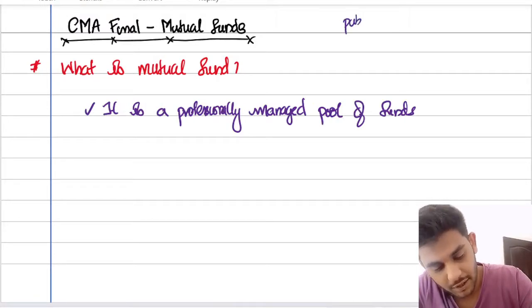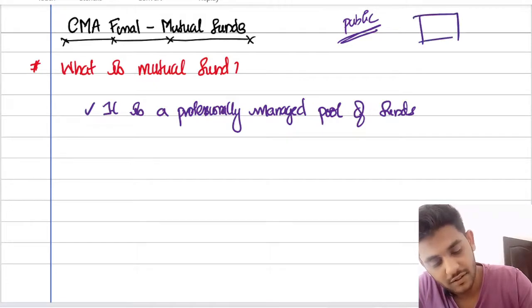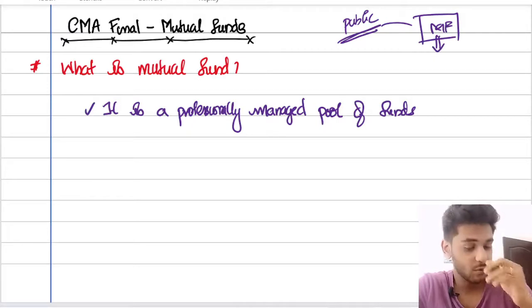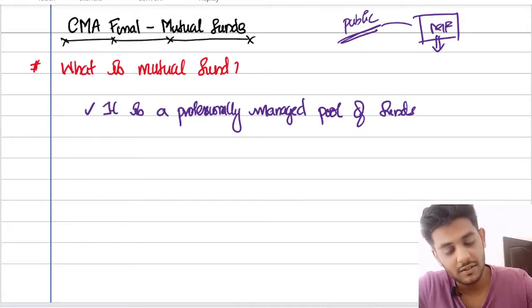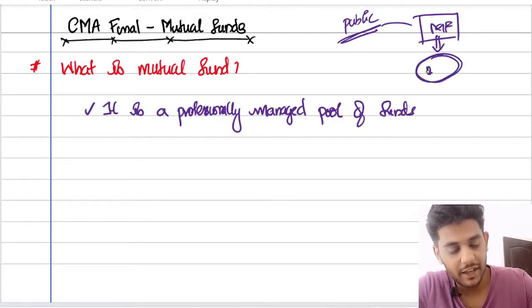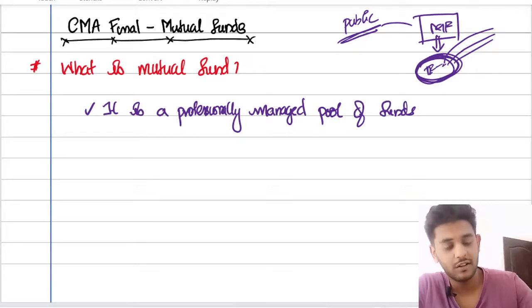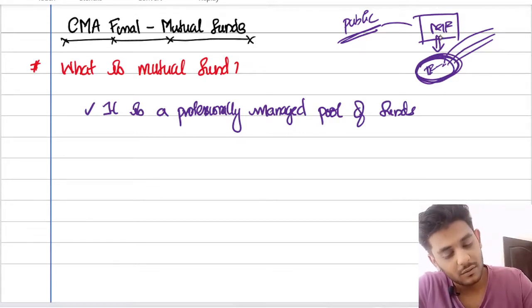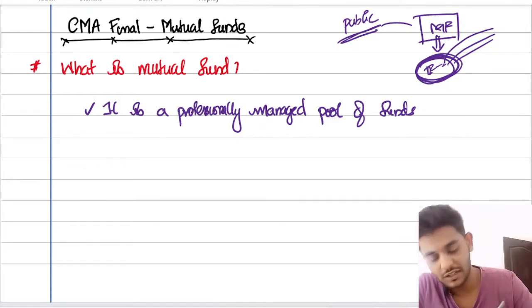Like the public who may not be knowing how to invest, where to invest, etc. So they will be giving this money to the mutual fund houses, and inside these mutual fund houses there will be like stock market experts. Those people are like fund managers or investment mutual fund managers they are called, and these people will manage this money and they will invest into different securities. Okay, so these are professionals who have the in-depth knowledge of the market. So we can say mutual funds are a pool of funds which is professionally managed.